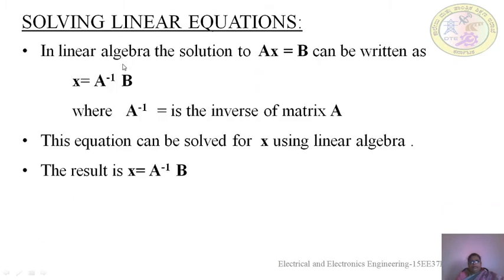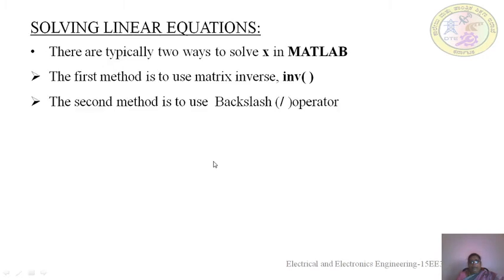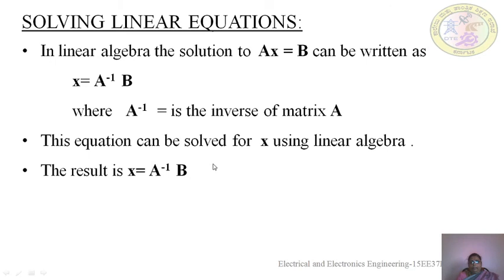In linear algebra, the solution to Ax is equal to b can be written as x is equal to A inverse of b, where x is an unknown quantity. Here we are going to calculate the inverse of the matrix A. All the linear equations will be represented in the form of a square matrix.